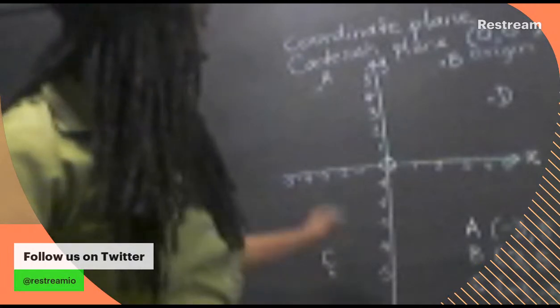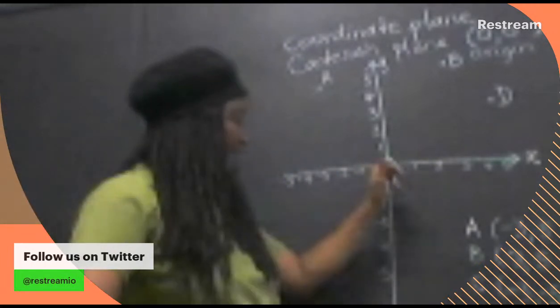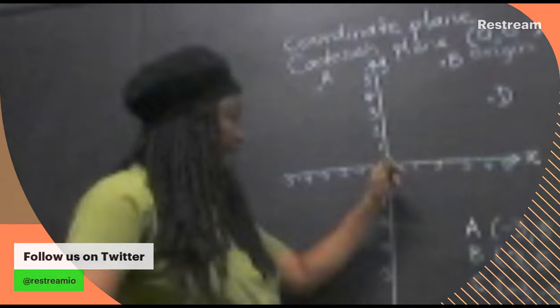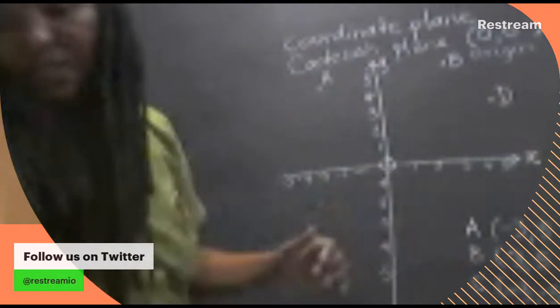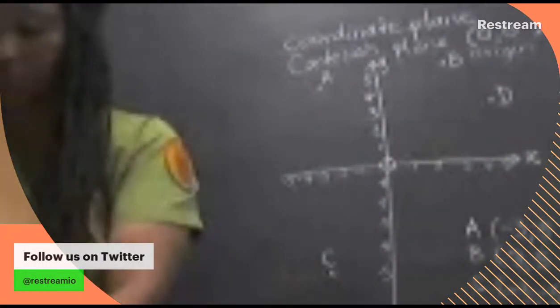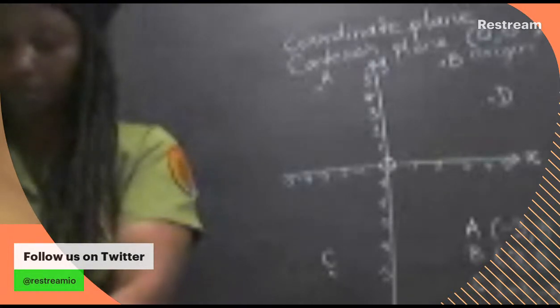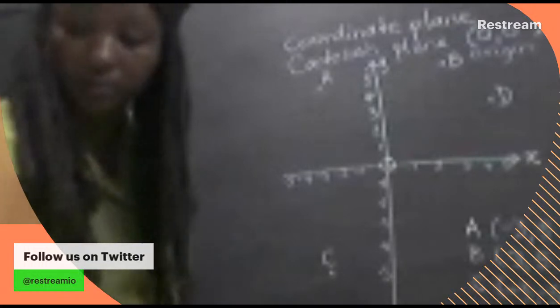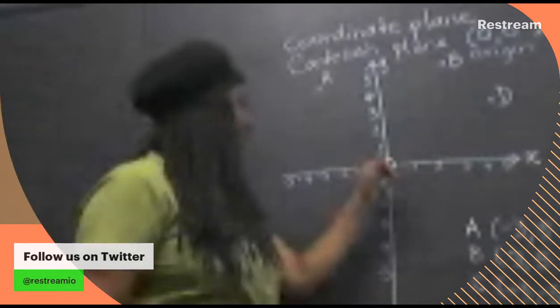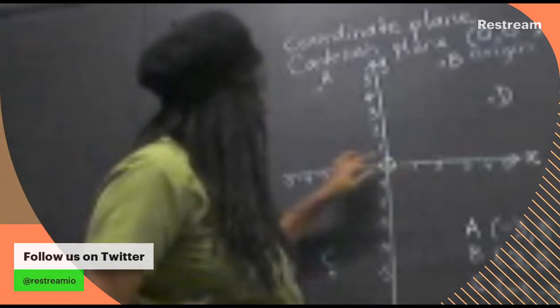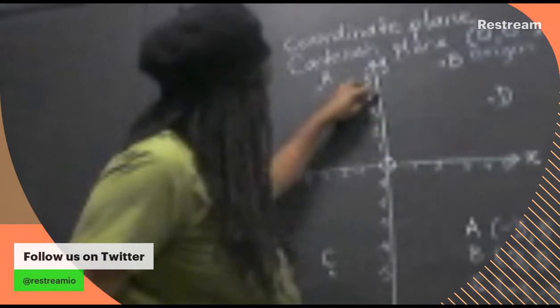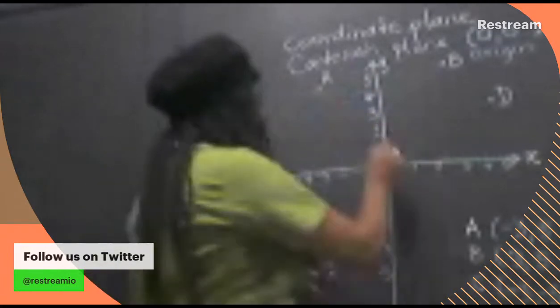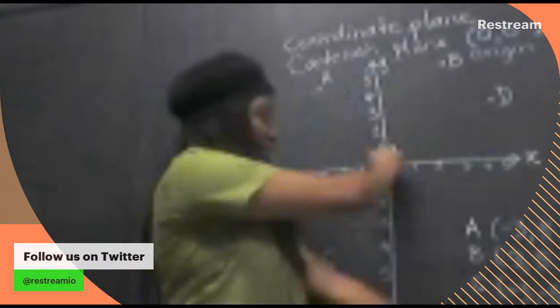All right, so 0 on the x, we start here. So we start here and we go up to 4. Okay? So 0, 0, we're still here at 0.